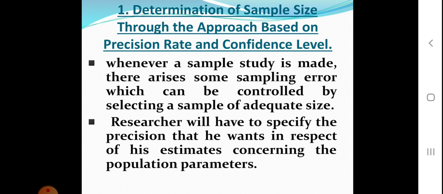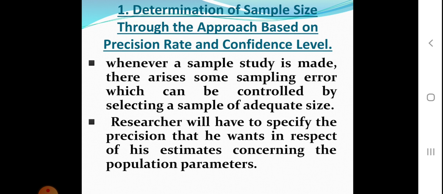For example, a researcher may like to estimate the mean of the universe within plus or minus 3 of the true mean with 95% confidence. In this case, we will say that the desired precision is plus or minus 3. That is, if the sample mean is rupees 100, the true value of the mean will be no less than rupees 97 and no more than rupees 103.